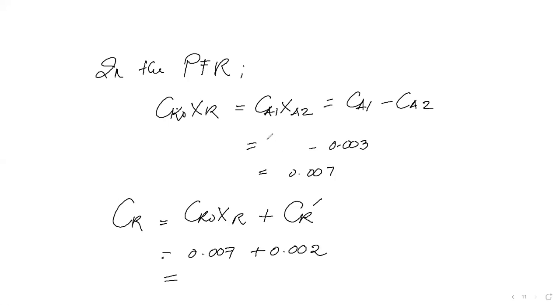So you have 0.008, and this is 0.005. Your C sub R is 0.007.